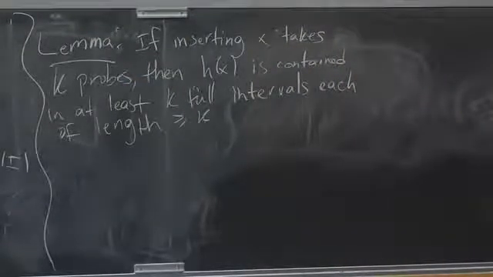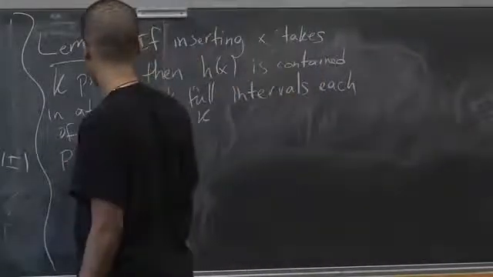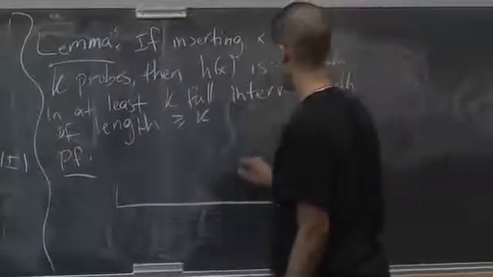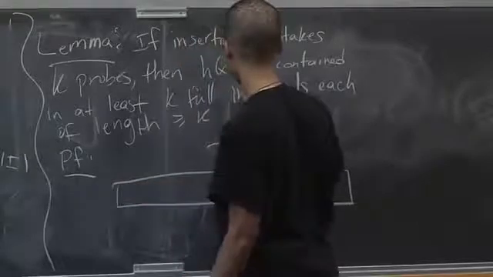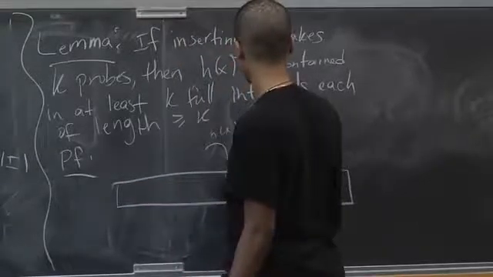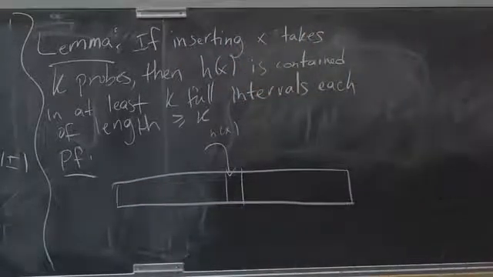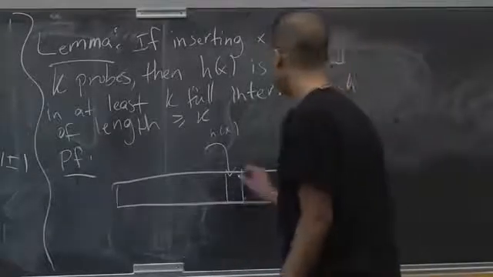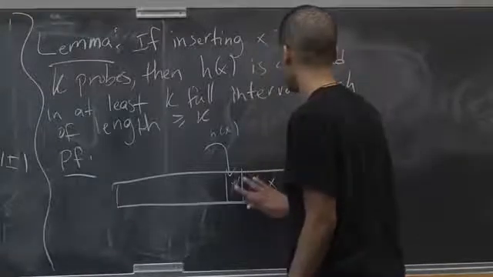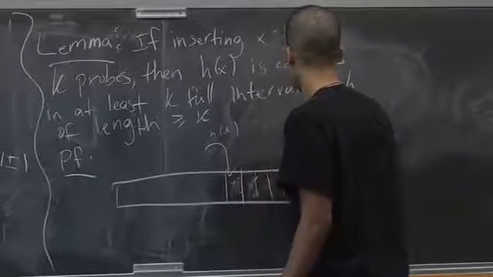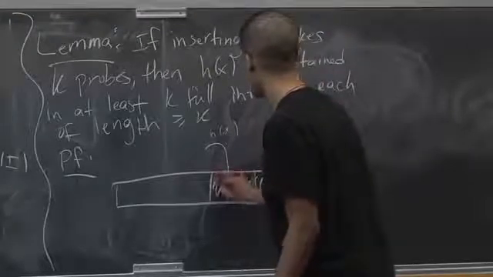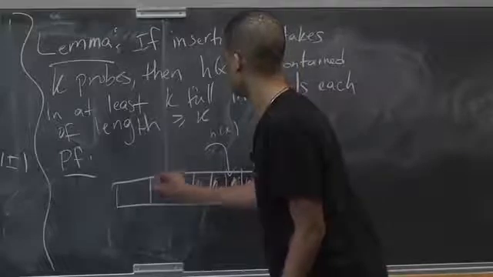The proof is you draw the array. h of x goes somewhere. Some window around it is occupied by items, and then there's a free spot, and also going backwards, some window is taken up by items.